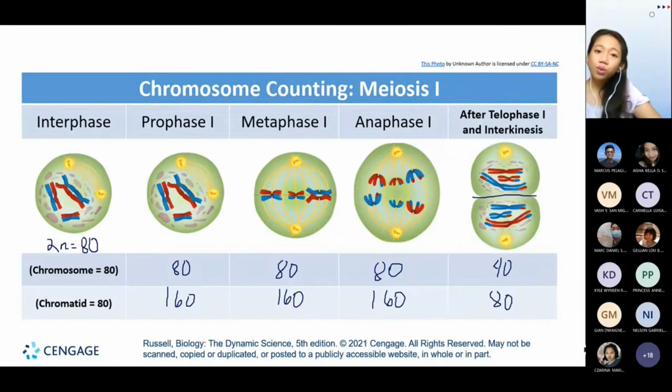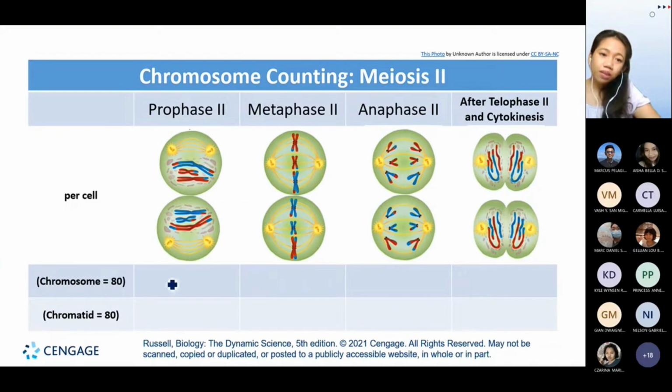All right. So, let's repeat the process for meiosis 2. So, we ended meiosis 1 with 40 chromosomes and 80 chromatids. Next, the number is maintained for metaphase. And in anaphase, how many chromosomes and chromatids are there?